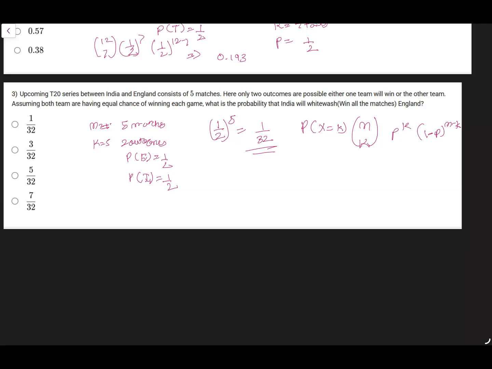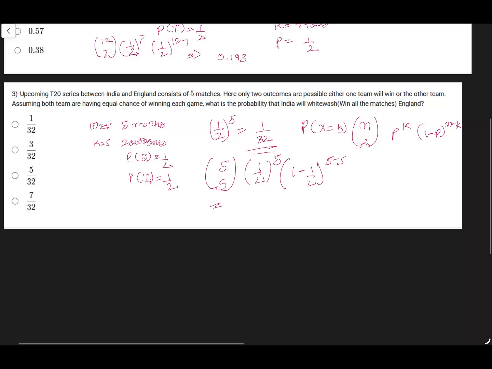If you put the numbers in this equation, you get 5 choose 5, half is the probability of India winning 5 times. Then we have 1 minus half for England winning, to the power 5 minus 5, since we don't want England to win. And then again, we get the answer as 1/32. I hope this makes sense and you are able to solve this problem. Thank you.